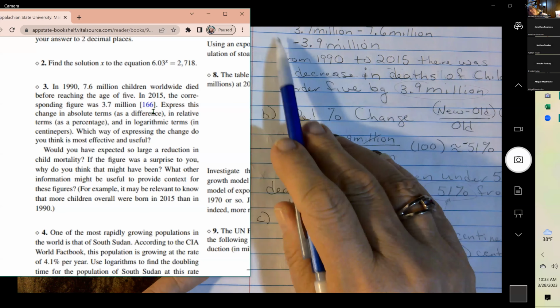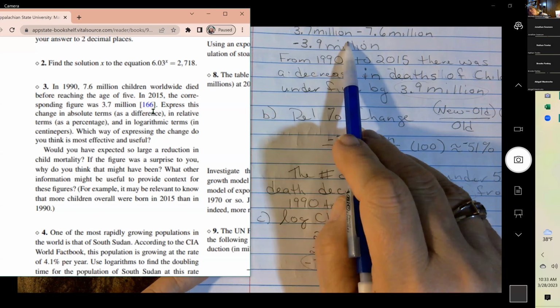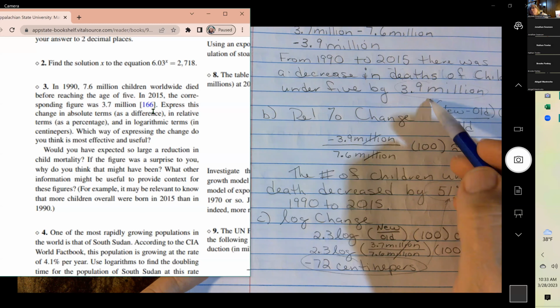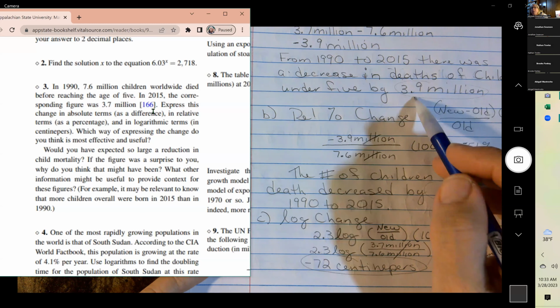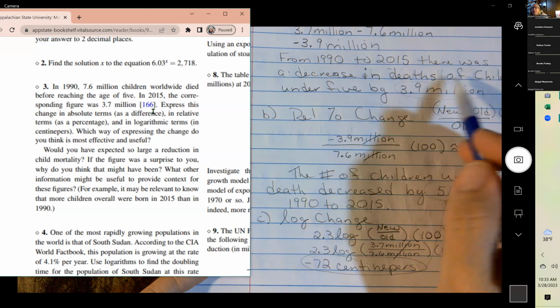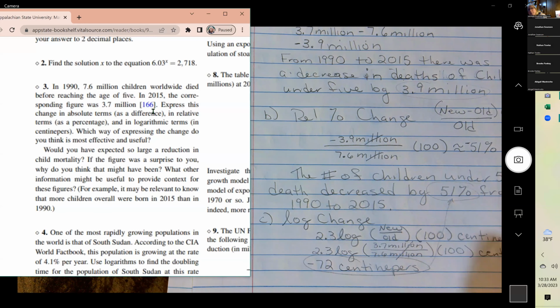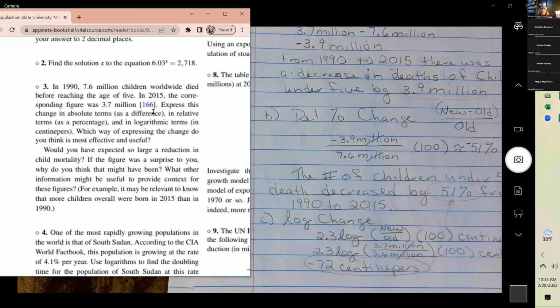If you are stating how many there were to begin with, the 7.6 million, this tells you more of the size of it. This tells you 51% it went down by, but was there a lot to begin with? The person might not know. So there's different ways of looking at it, and there would be no wrong answer.